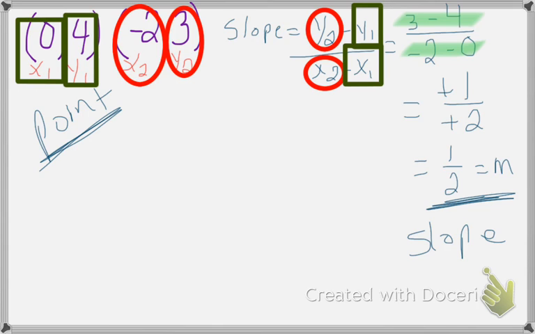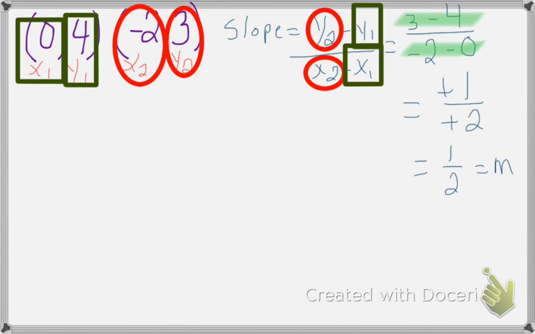That means you can use the point slope formula. Point slope, which is y minus y1 equals m onto x minus x1. And we already have everything labeled, ready to go.